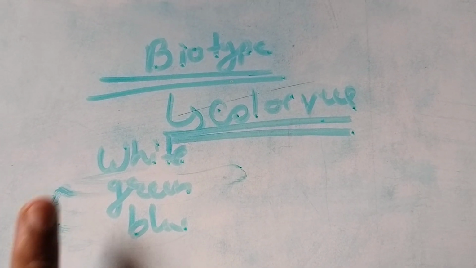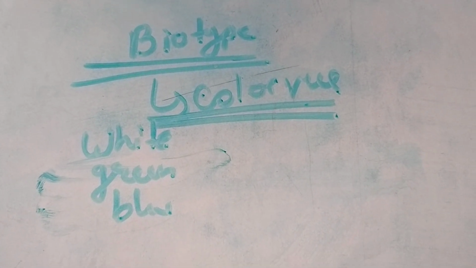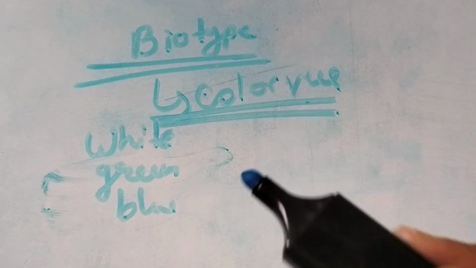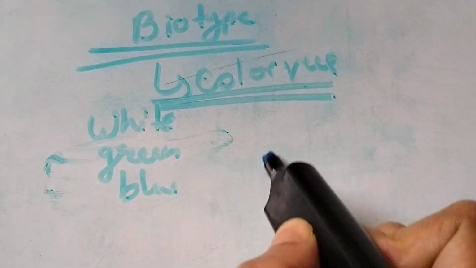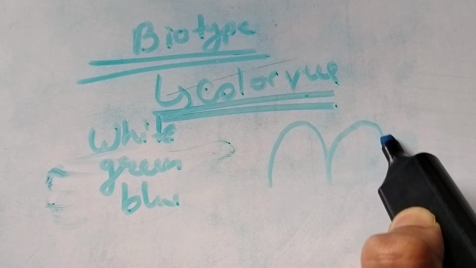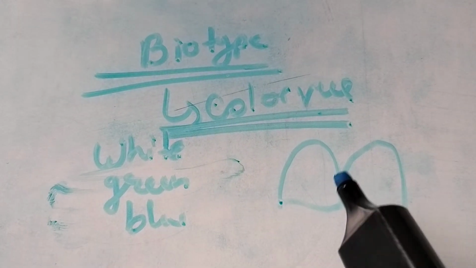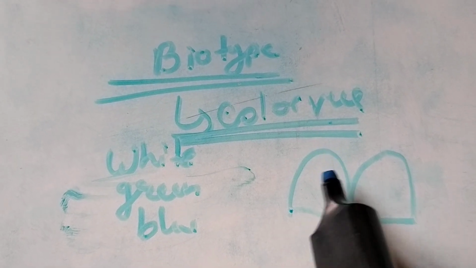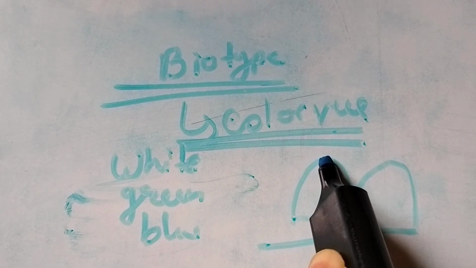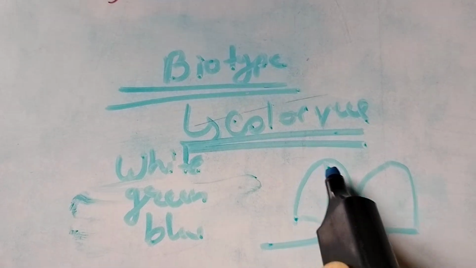Using the white probe, first insert it in the gingival sulcus. If there is a tooth, this is the tooth, upper central incisor. So the probe is inserted here in the gingival sulcus.